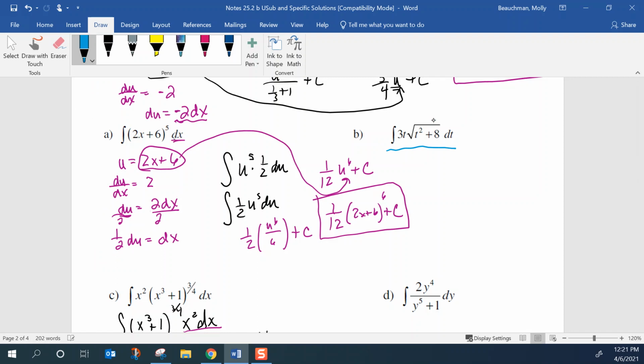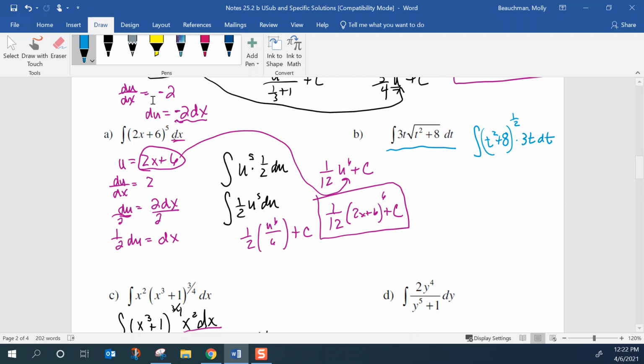So for question B, when you write the integral, write that t squared plus 8 instead of as a root, write t squared plus 8 to the power of a half times 3t dt. And then you'll go from there.